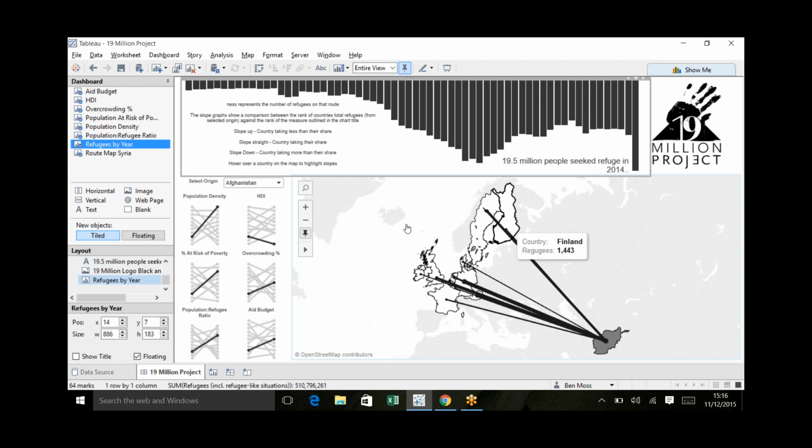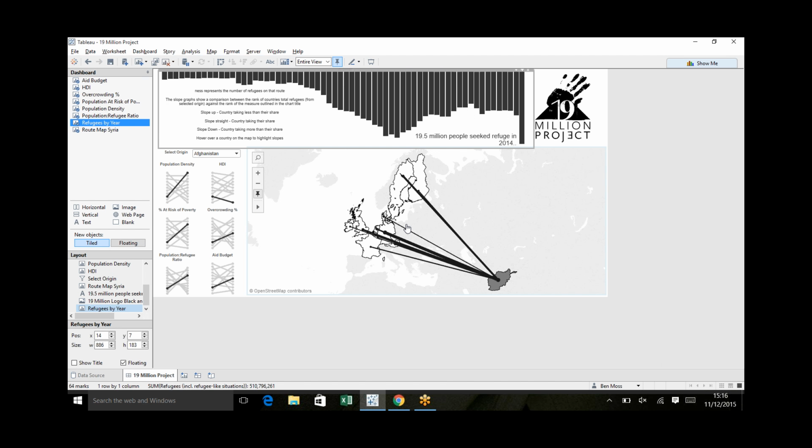Yeah. But you could easily turn that into a sentence or something like, Finland accepted, or is that accepted? Yeah. So you could change. You could say Finland accepted 1,443 refugees. What I also thought is I could even include all these ranks and details in that tooltip. You could, yeah. So on the map is that just 2014? Yes, it is. Okay.